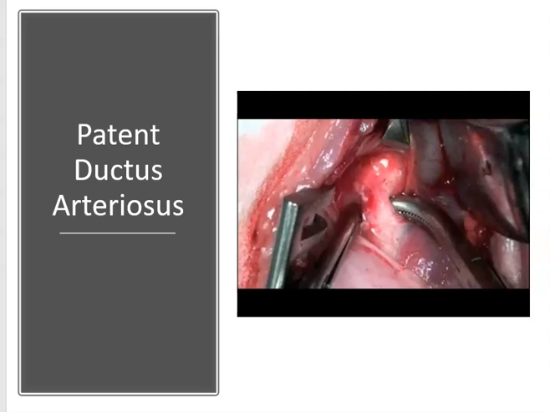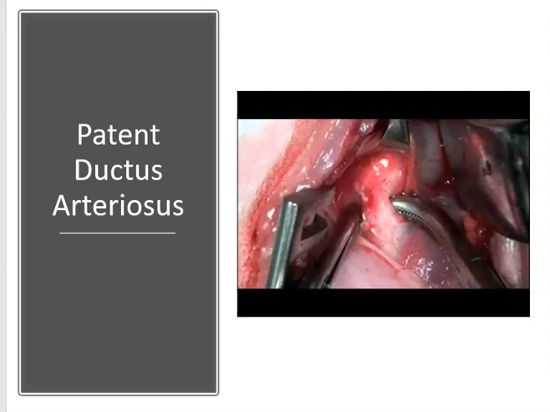Before birth, the two major arteries, the aorta and the pulmonary artery, are connected by a blood vessel called the ductus arteriosus. This vessel is actually a very essential part of fetal blood circulation. Within minutes or up to a few days after birth, the vessel is supposed to close, because patent means open. So the vessel is supposed to close as a part of the normal changes that occur in the baby's circulation.